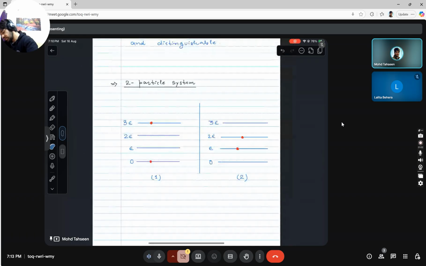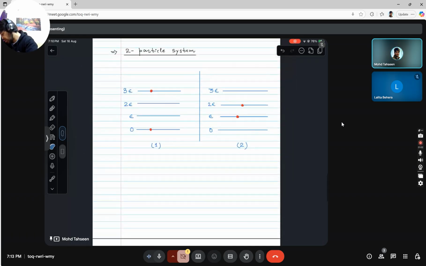And if we compute how many ways can we form this microstate, in how many ways can this microstate be achieved, and in how many ways can this microstate be achieved?